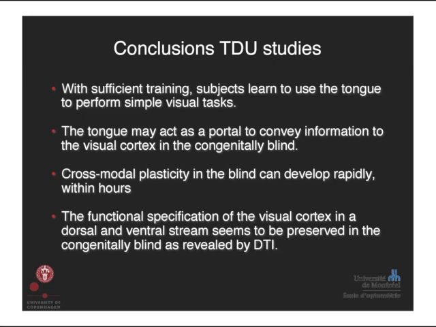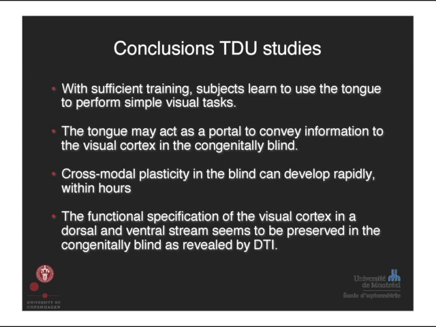Second, plasticity, and it was surprising, can develop really fast. As I showed you in these curves, it's only a few sessions, 5-6 sessions of 1 hour, and then you can start recruiting the cortex. But before training, they never show activation of the visual cortex. So it is really training dependent.